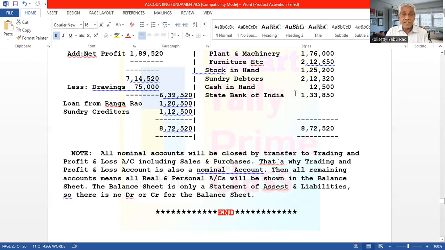For practice, you require a laptop or desktop. I will show you this at the start. For that you require Tally software also. I will show how to download the Tally software and how to work with it. Even without a license, we can work to learn this. So for learning Tally Prime, you can work without a license also. I will tell you how to download, install, activate, work with it, and practice.